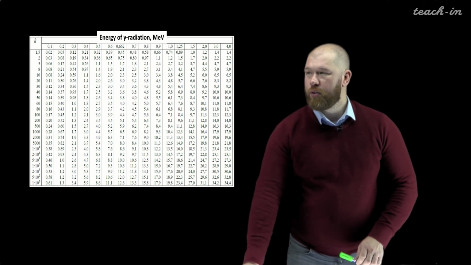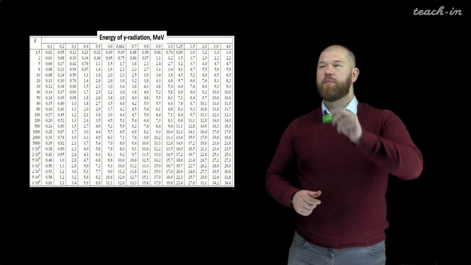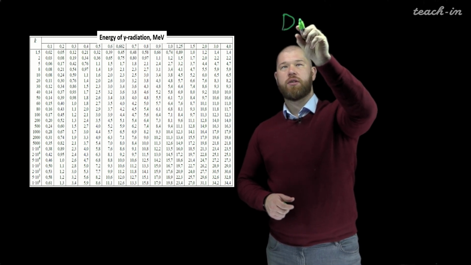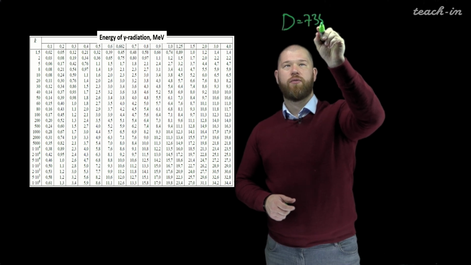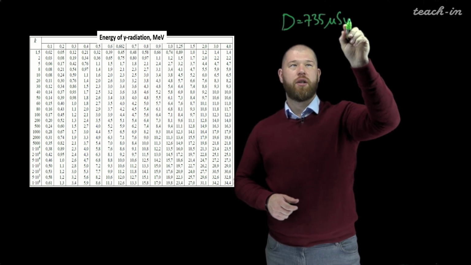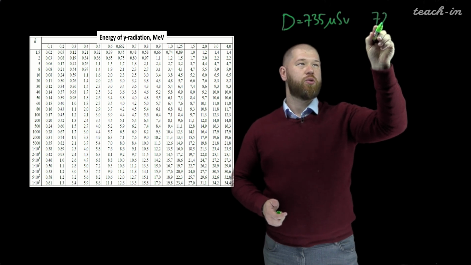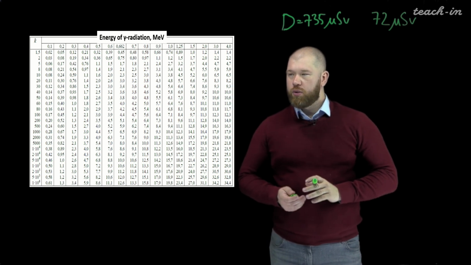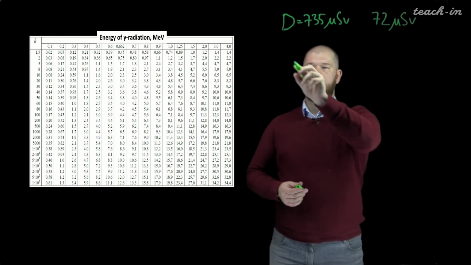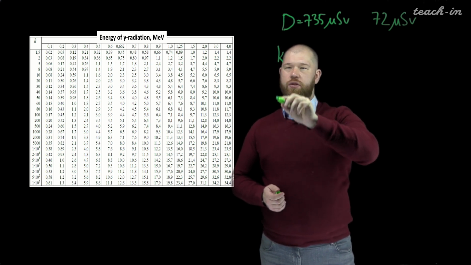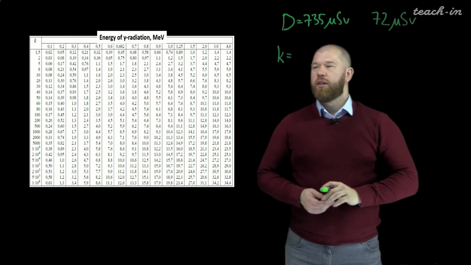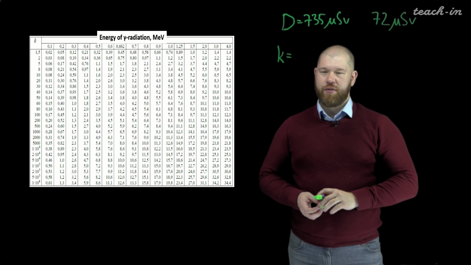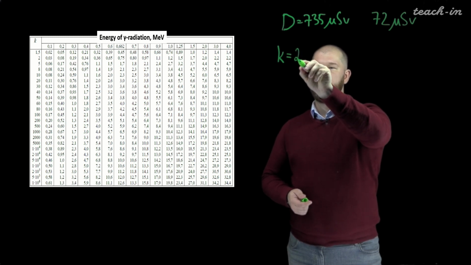So I remind you that we calculated that the dose that a researcher will receive is equal to 735 microsievert. The allowed dose is 72 microsievert. But also, when we calculate this attenuation factor, we should take the safety coefficient equal to 2.